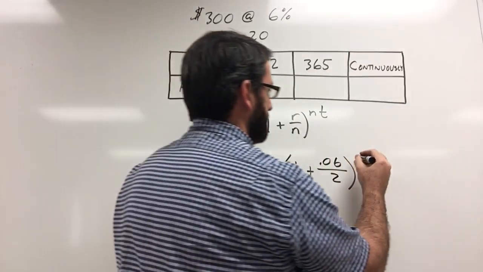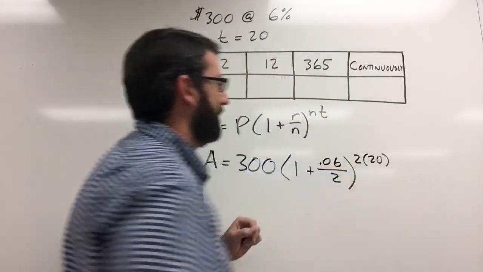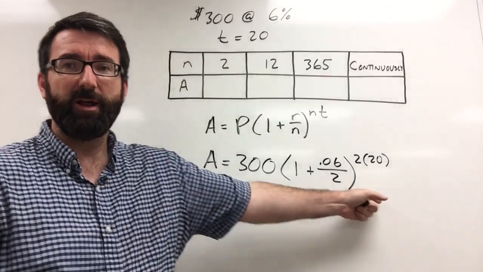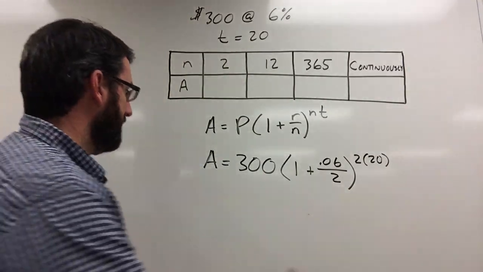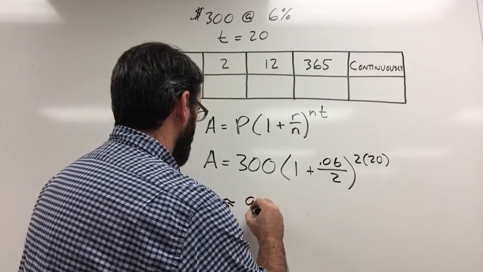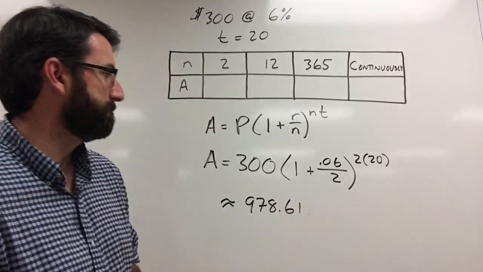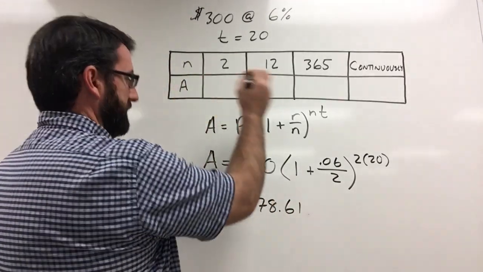And we're taking that to the 2 times t, which is 20 power. And we can plug all of this into our calculator. If we do that, we're going to find that this is approximately equal to $978.61.